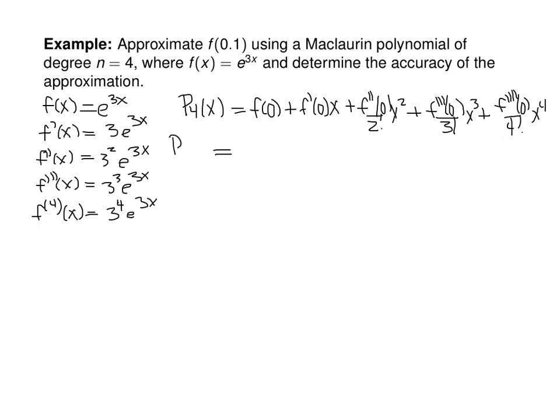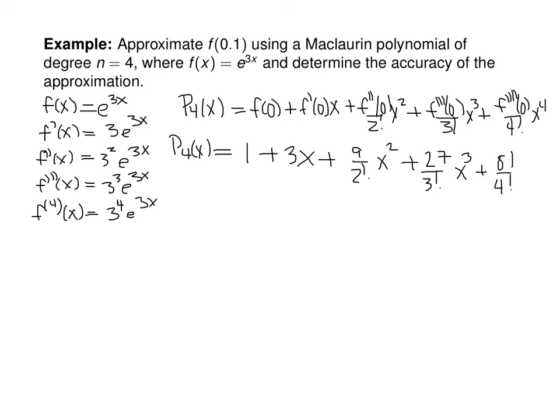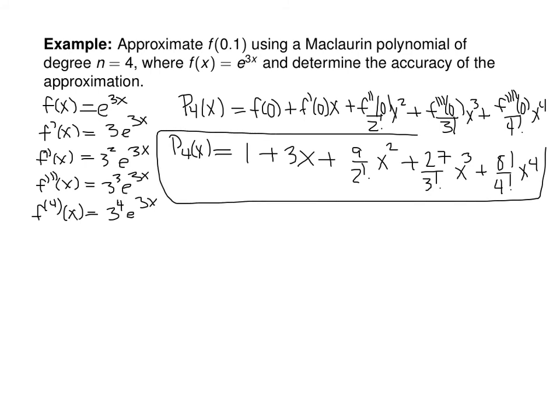Now f of 0 will equal 1. f prime of 0 is 3. f double prime of 0 is 9. The third derivative at 0 is 27. And the fourth derivative at 0 is 81. Now there is some cancellation that you could do there if you wanted to, but I think this is good enough.